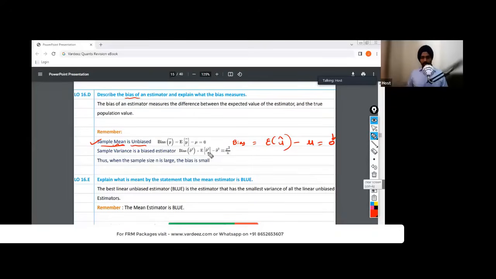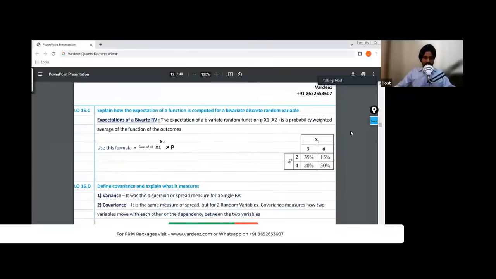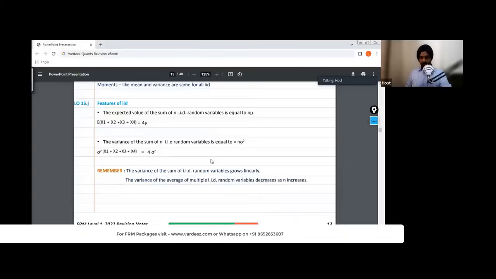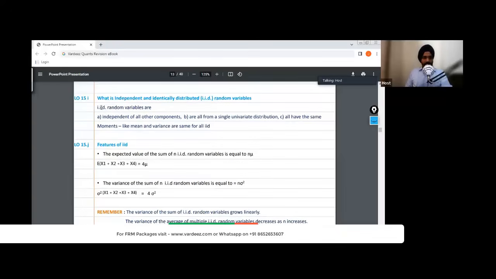That's what happens with the mean, because, if you remember in the last chapter when we were talking about IID, we said that if the data is IID, all the data will have the same mean, which is mu. Just for your reference, if we go here, you see this: if the data are IID, they all have the same moments, like the mean and the variance.